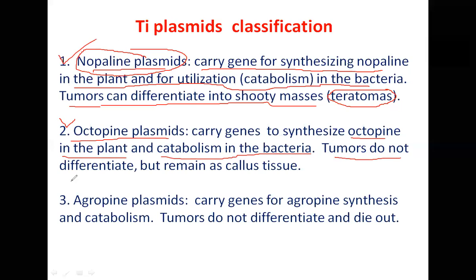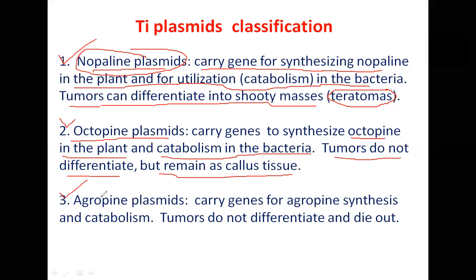Unlike nopalin, these tumors will not differentiate, but they remain as callus tissue. So there is a minor difference. It is very difficult to really differentiate, but an expert can, and broadly you can say that the plant must have been infected by octopine plasmid by looking at the morphology of the tumor cell.